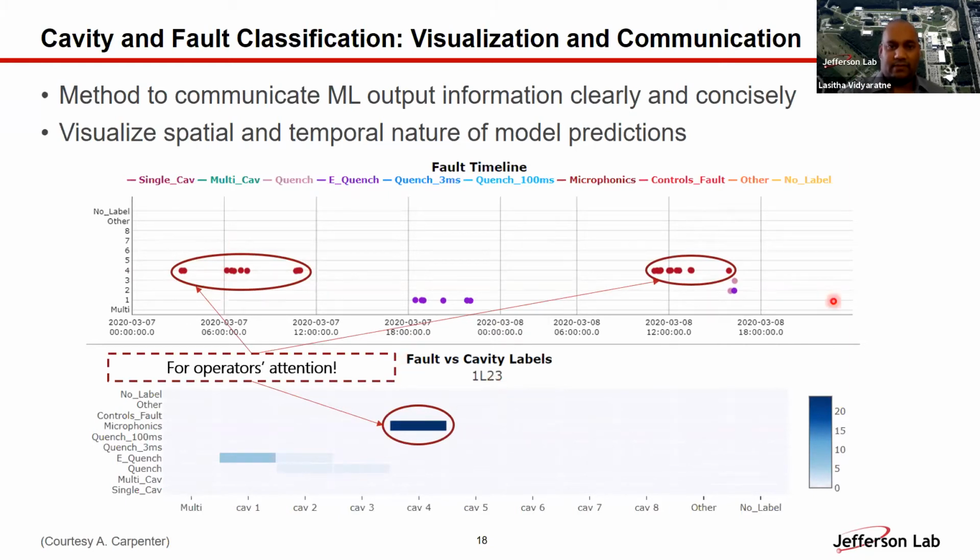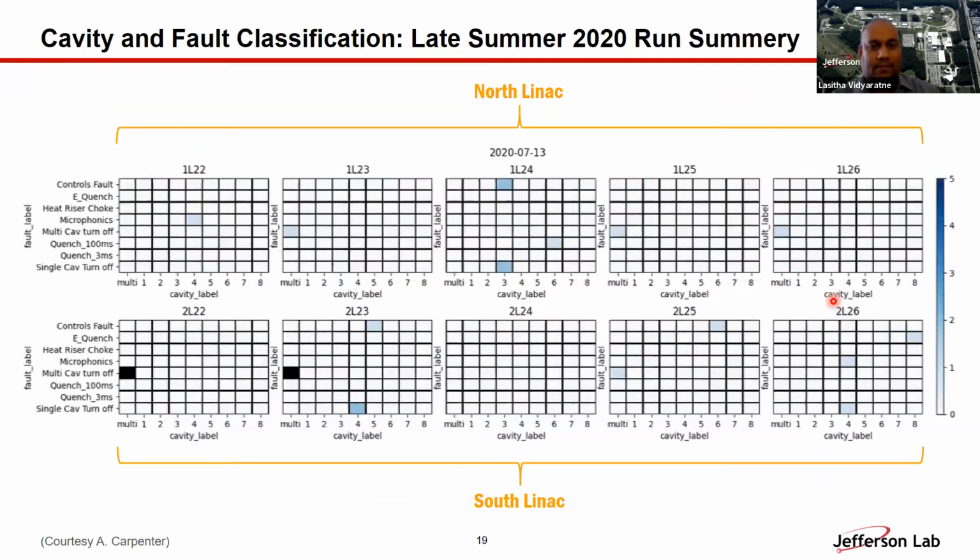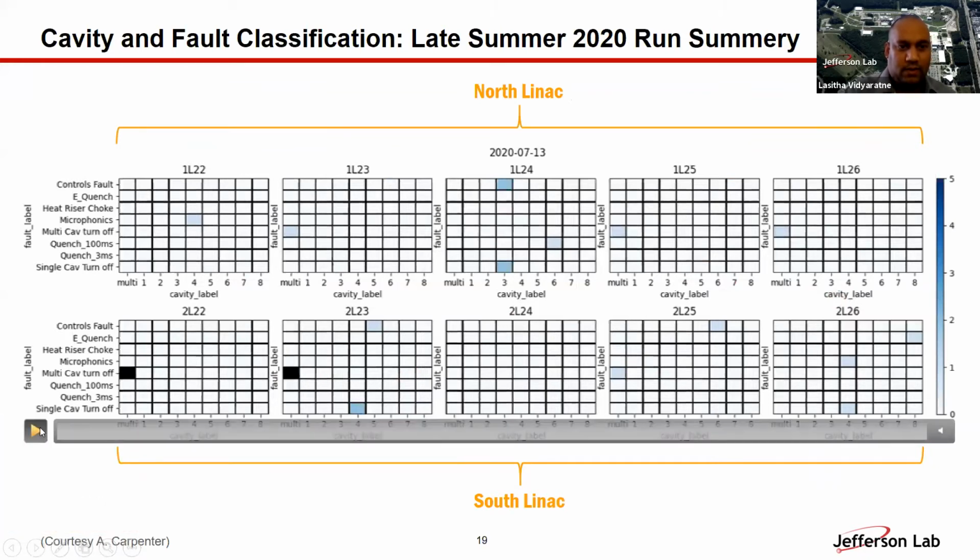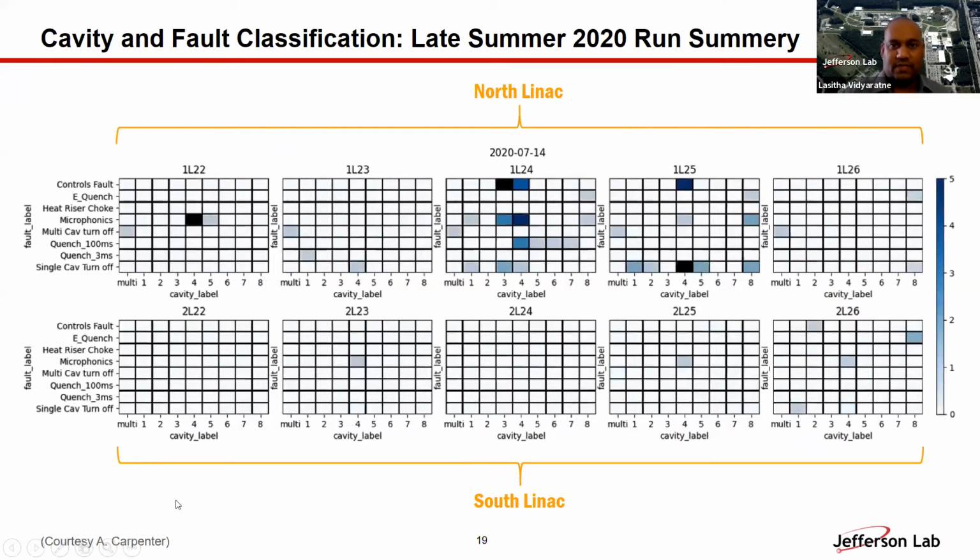And this kind of trend can quickly be considered by operators to try to mitigate that fault from occurring again and again. And also our tool was able to provide this kind of long-term post-run analysis that summarizes a run for all cryo modules for a given long period of time.